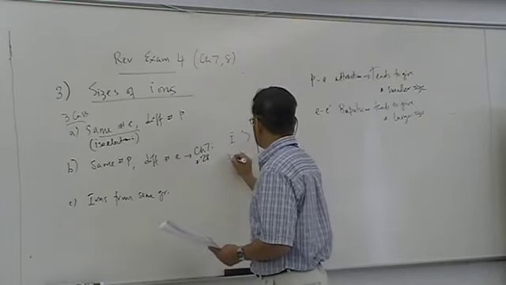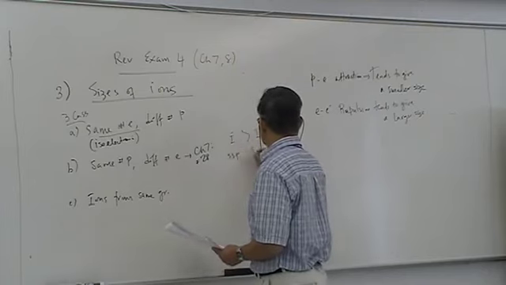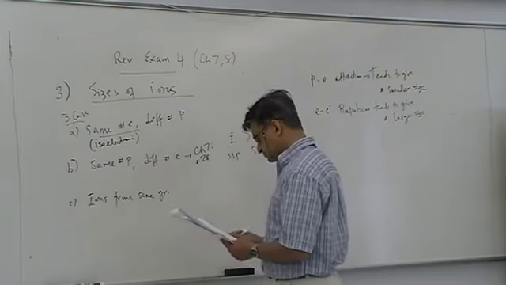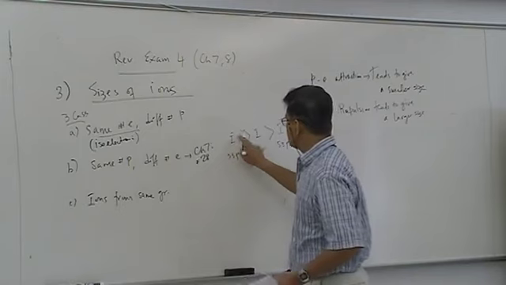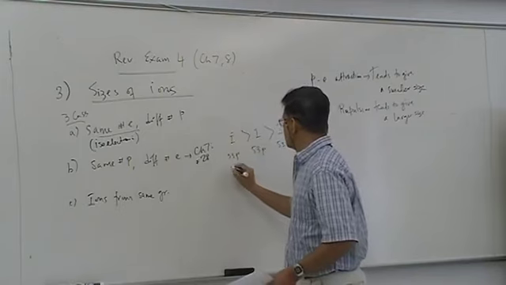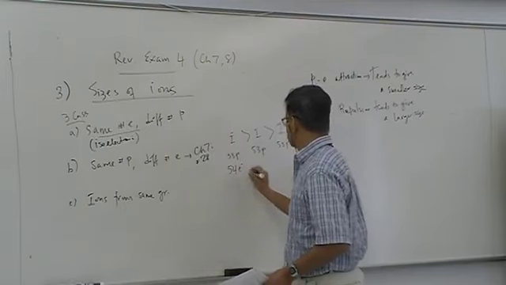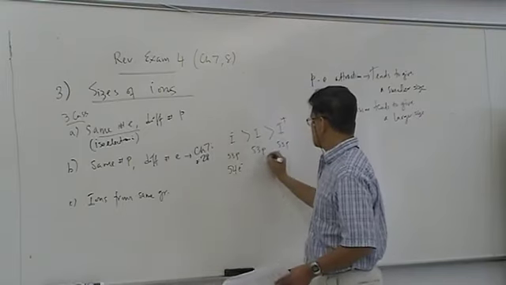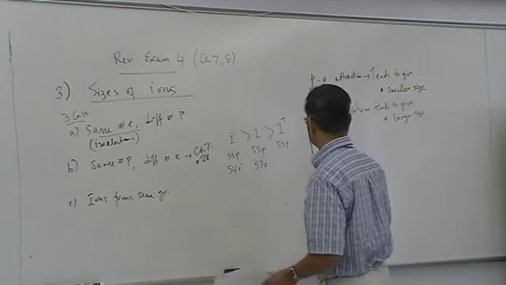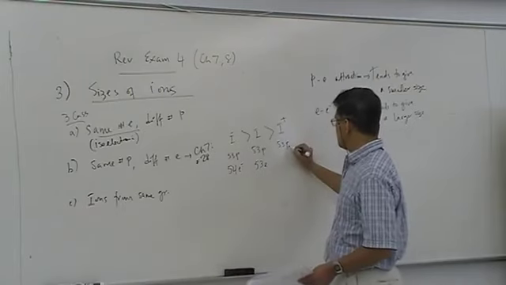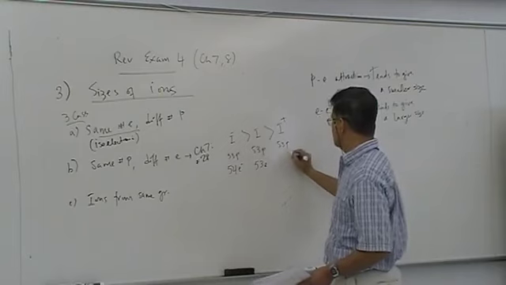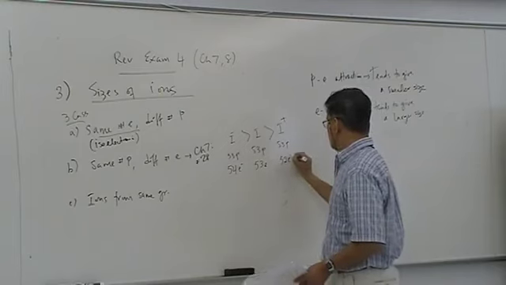So 53 protons, 53 protons, 53 protons. Number of electrons: since this is minus, there is an extra electron beyond the number of protons, so 54 electrons. Here the same number of electrons as protons, so it would be 53 electrons. And here you took away one electron from neutral. So neutral had 53, so this would be 52 electrons.